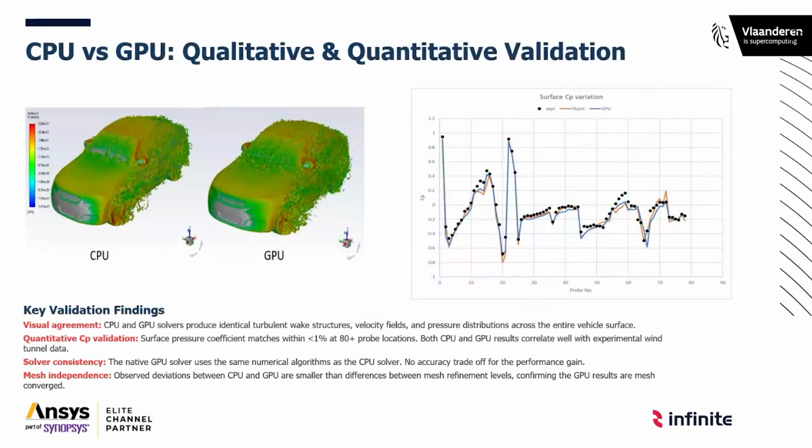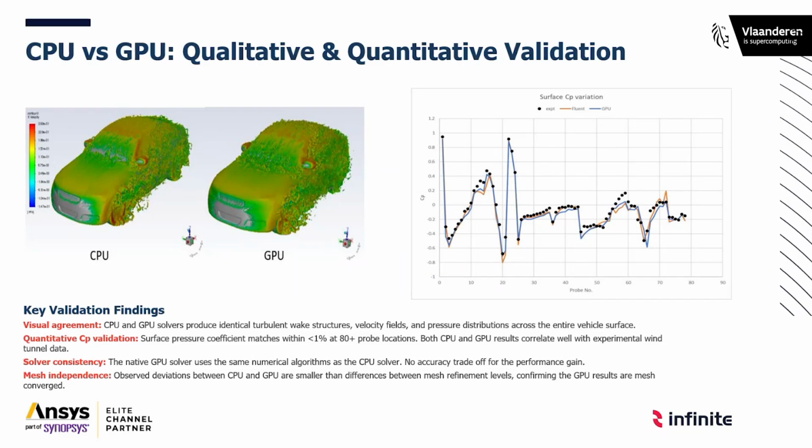Before looking at the performance numbers, let's first confirm that the GPU solver produces the same answers as a CPU solver. On the left, we can compare qualitatively: both the velocity field, the turbulent wake structures, and the pressure distribution look more or less indistinguishable between GPU and CPU.